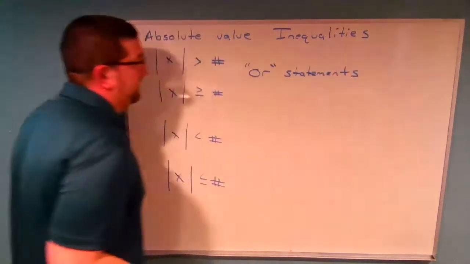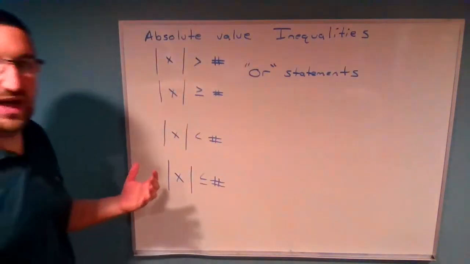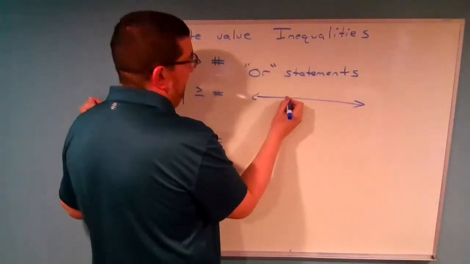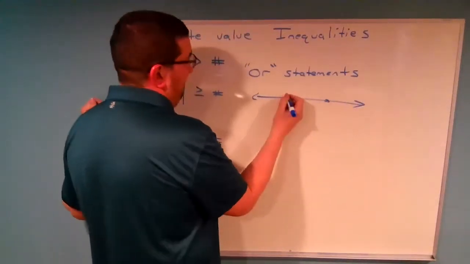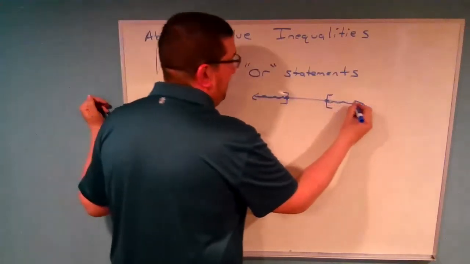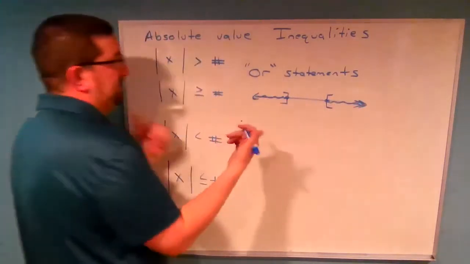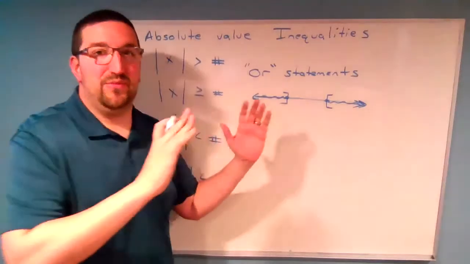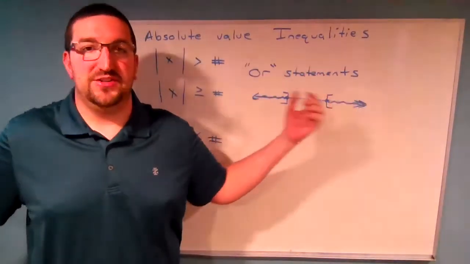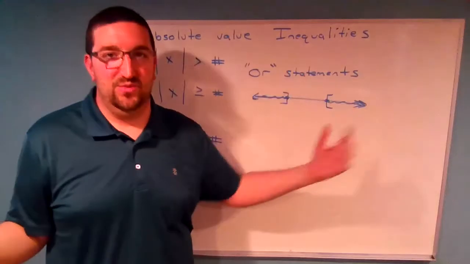And in or statements, if you remember back to solving inequalities, an or statement are values that go in opposite directions when we graph them, right? So we're going to have an or statement going in opposite directions. So it's two separate intervals going in opposite directions. So we're going to be creating or statements with that.